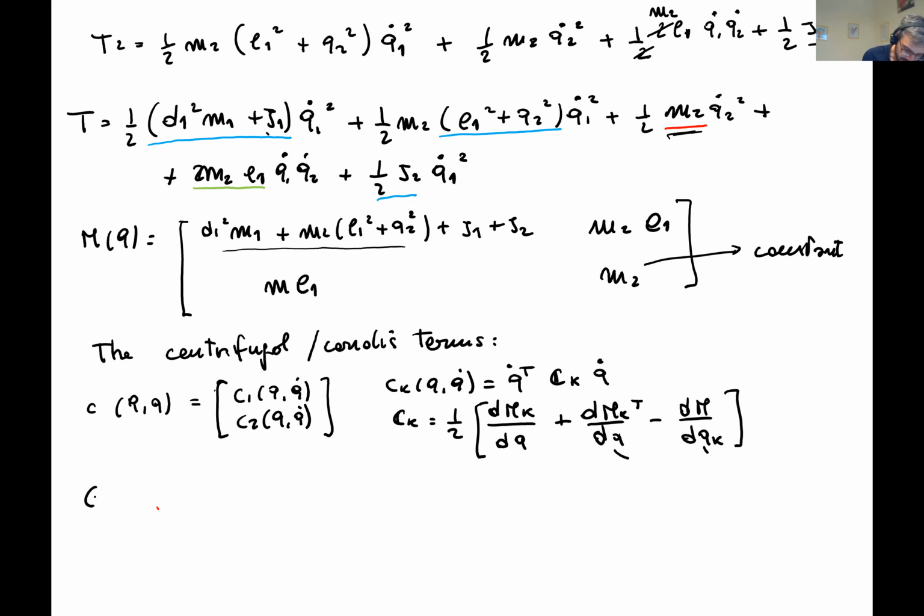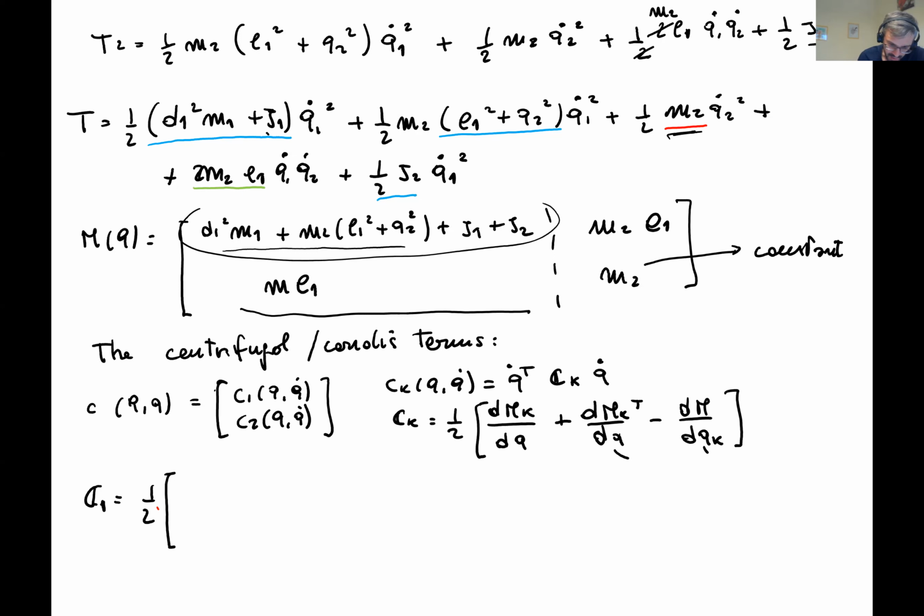And if you look at the first Christoffel symbol, we get 1/2. We look at the first column of the inertia matrix, which is this one, and we first differentiate the first element, which is this one, with respect to Q1, and we said that there is no dependency on Q1, so we have 0.